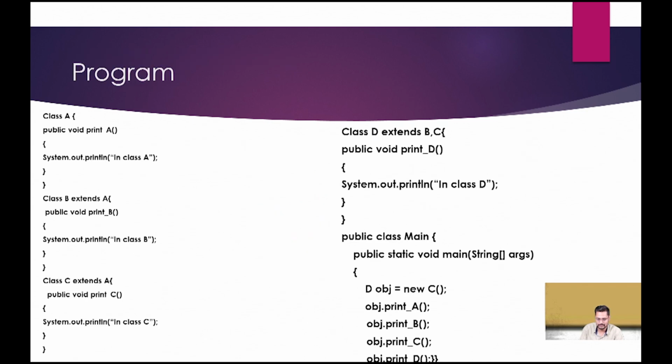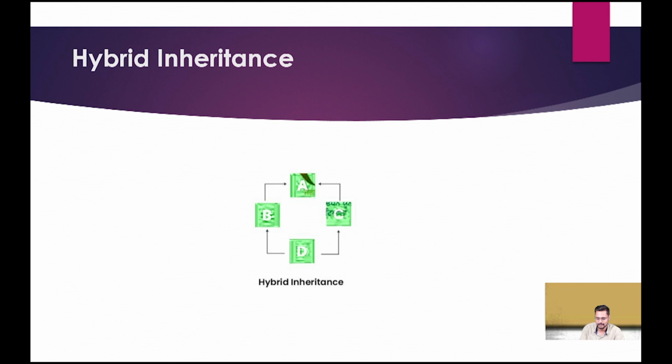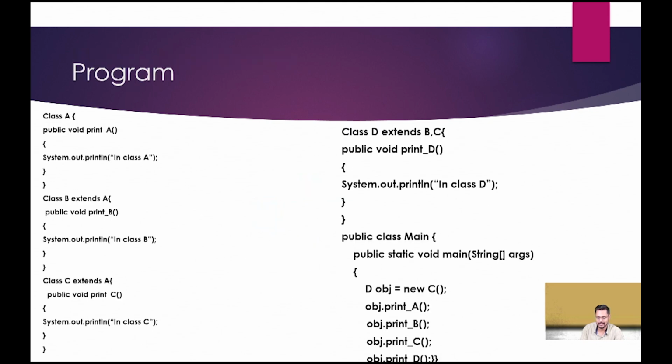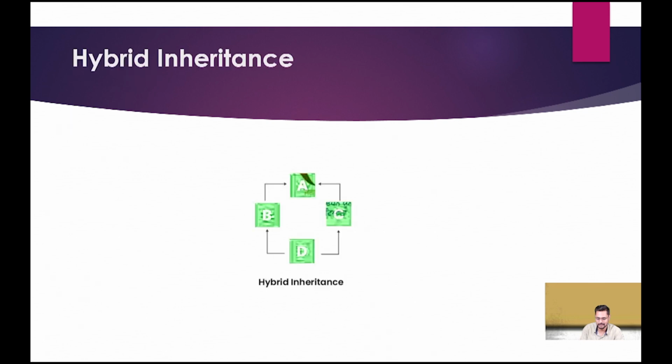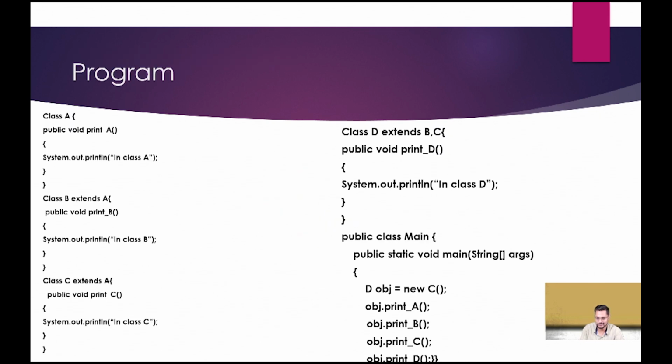B extends A, like we wrote here, class B extends A, right? And next one is C extends A, class C extends A, right? And D extends two classes B and C, class D extends B, C, right?